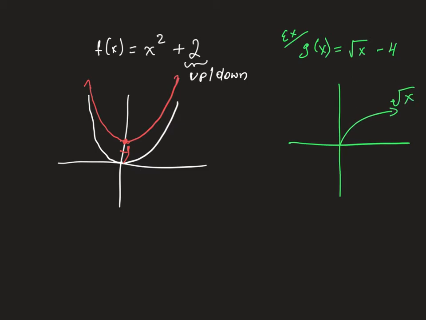Now that function is going to be moved down 4 because that number is on the outside of my parent function. So that is going to go down 4 because of the negative. So if it's positive, it goes up. If it's negative, it goes down. So 1, 2, 3, 4 down. And I'm going to sketch the same function as I did before, just moved down 4.